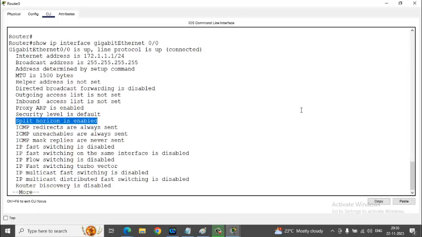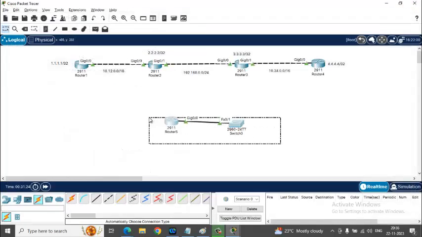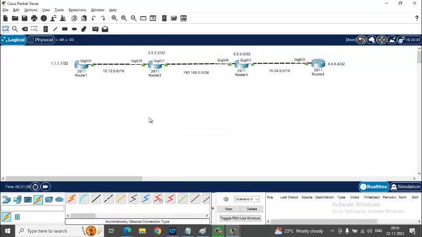Router 4 will say, for you it is one hop, so router 3 will say, for you it is two hops. You got it? Please understand. Ask question if you didn't understand. According to router 3, 4.4.4.4, how many hops? One hop. When router 3 advertises it, what will it advertise?